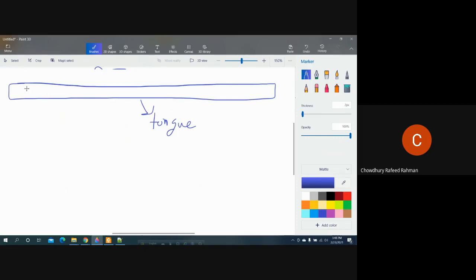So suppose in this DNA, there are many things: this part is responsible for thinking, this part is for hair growth, this part is responsible for taste, and sight.